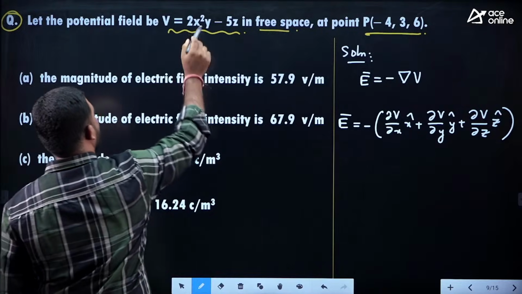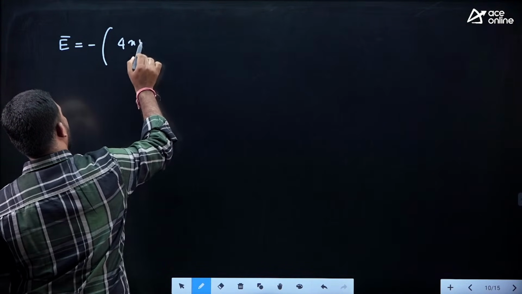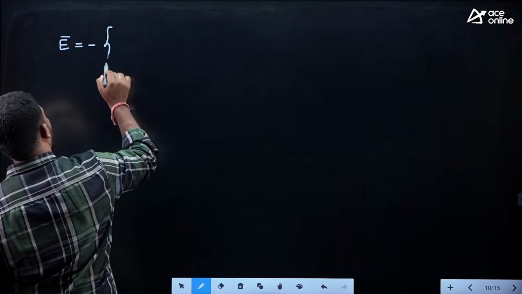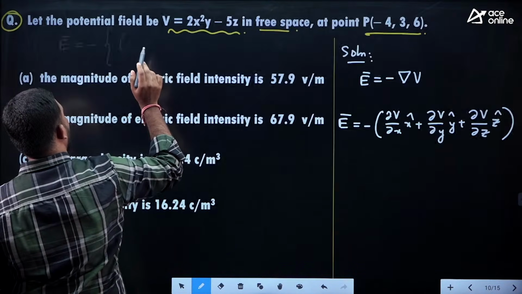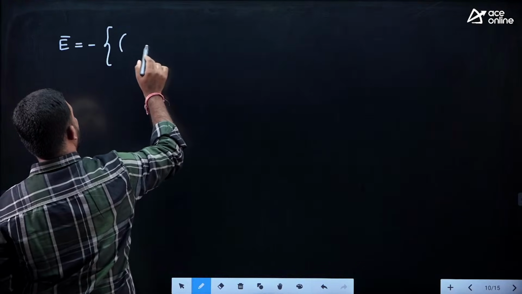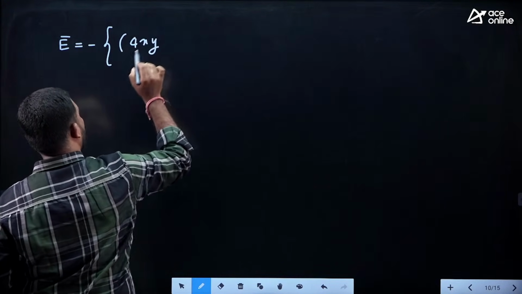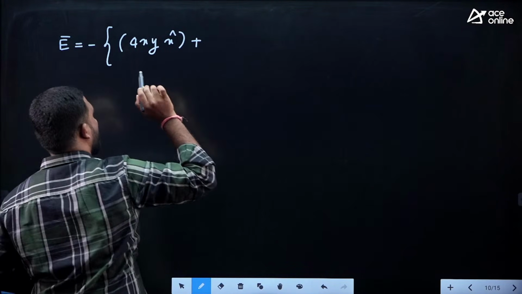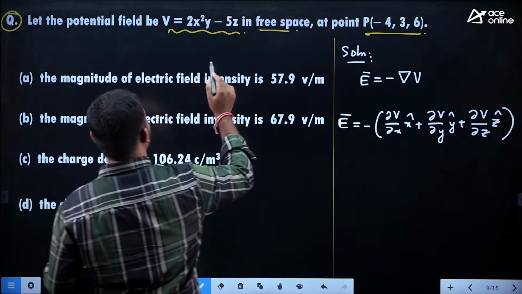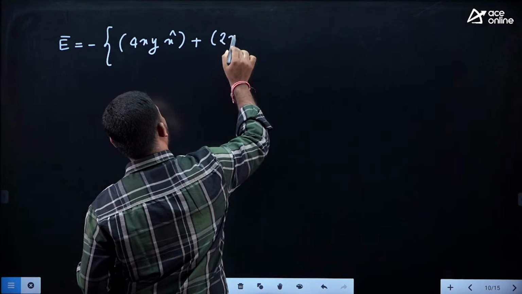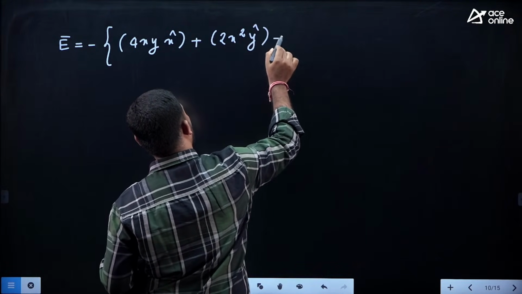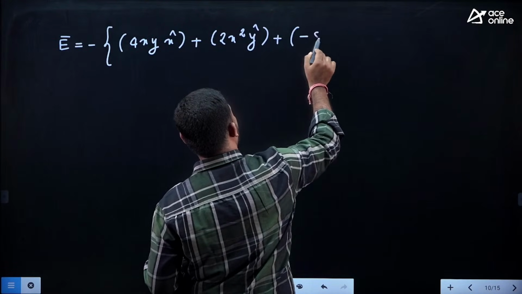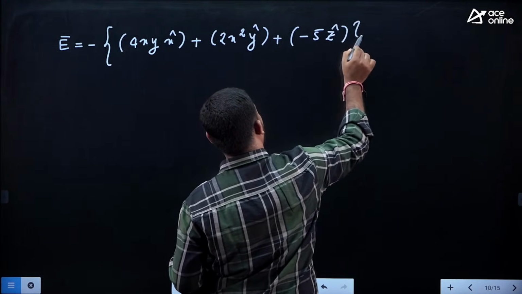Differentiation with respect to x gives 4xy x cap, plus differentiation with respect to y gives 2 x square y cap, plus differentiation with respect to z gives minus 5 z cap.